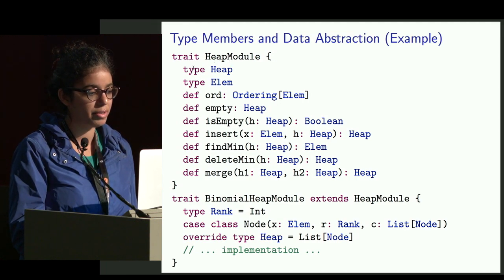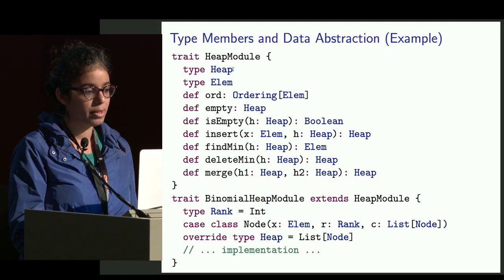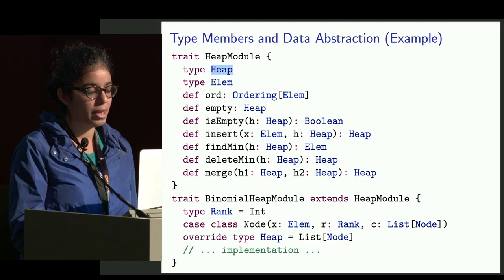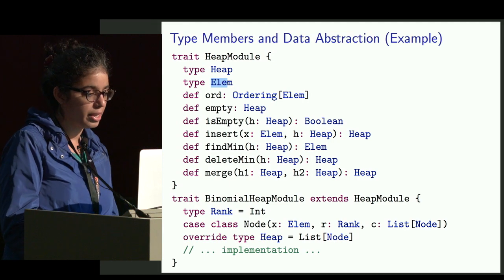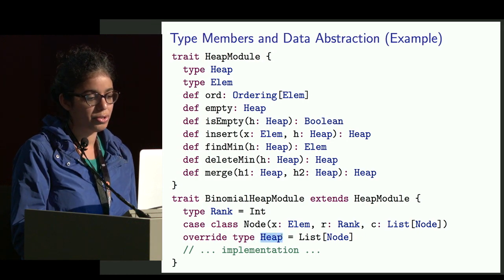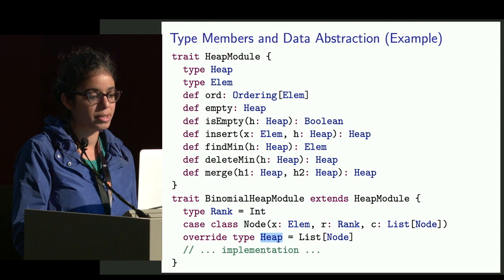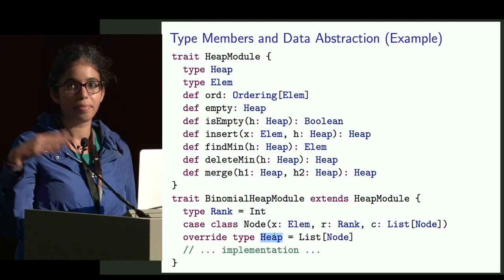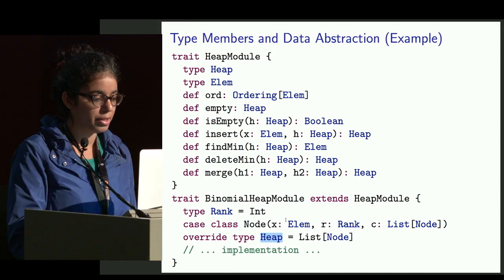So you could say that you have an abstract type Heap, an abstract type Elem for the actual underlying elements, and then you can implement this heap module by giving an actual implementation for a heap. So here you would say a heap is a list of Node, where Node is maintaining some sort of invariant over a structure.